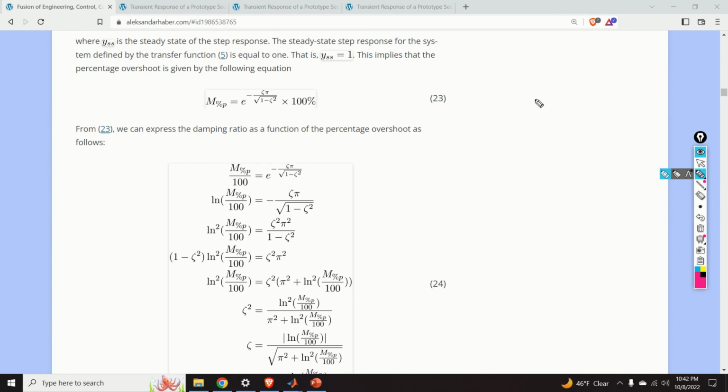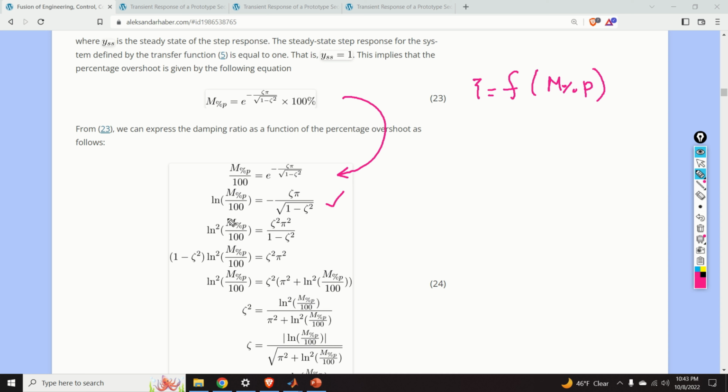And finally, let us derive the formula that gives zeta as a function of percentage overshoot. Basically, we need to invert this equation. From the equation 23, we obtain this first equation. Then, if we take natural logarithms of both sides, e and natural logarithm cancel, so we obtain this equation over here.